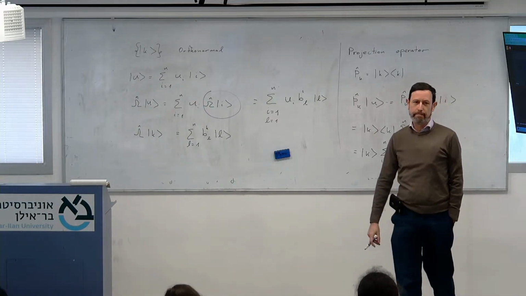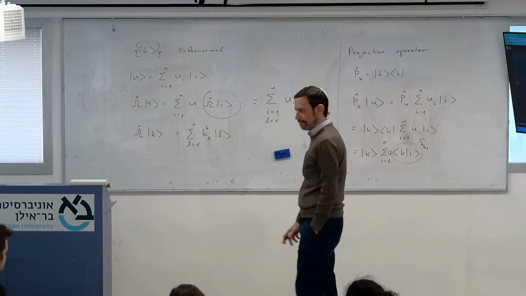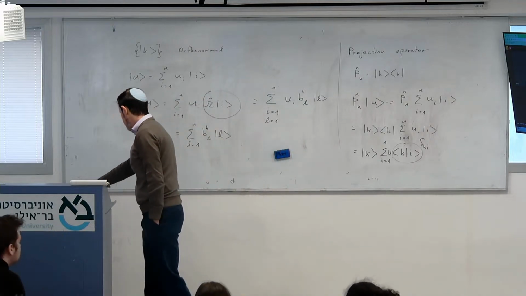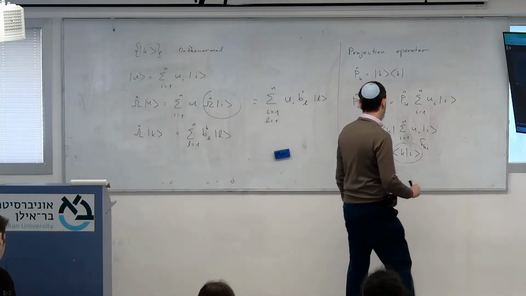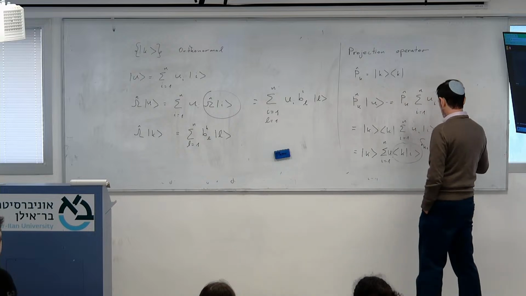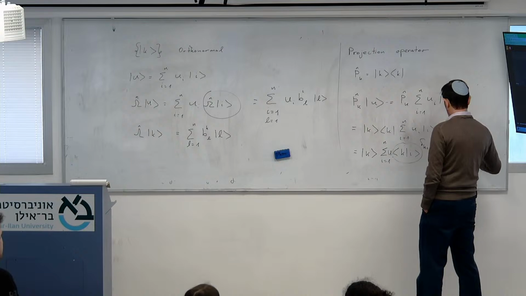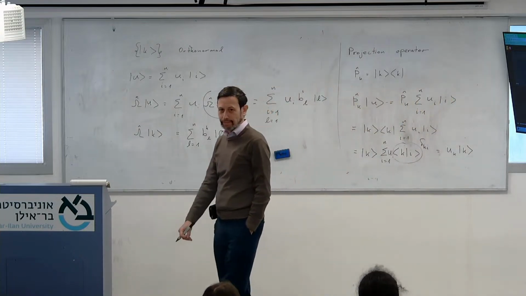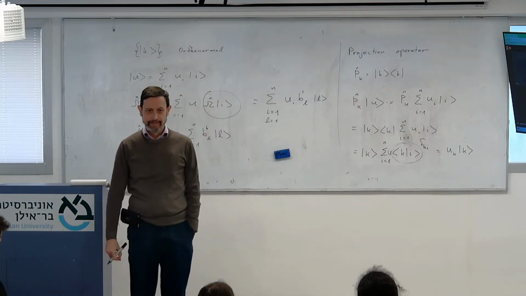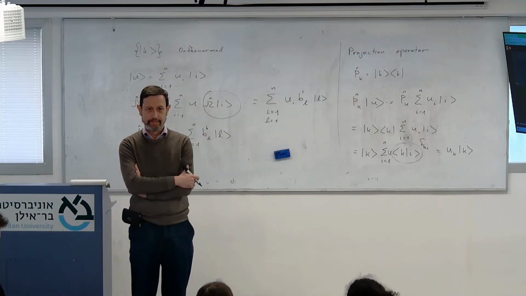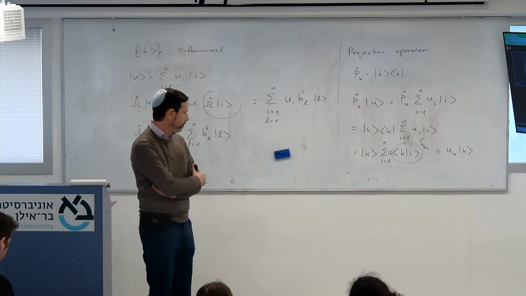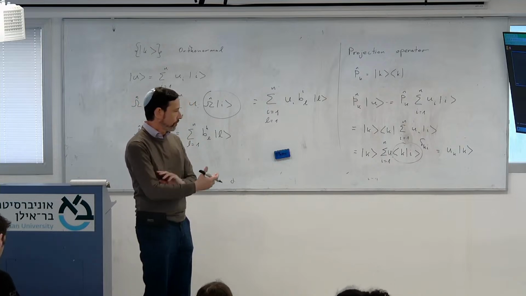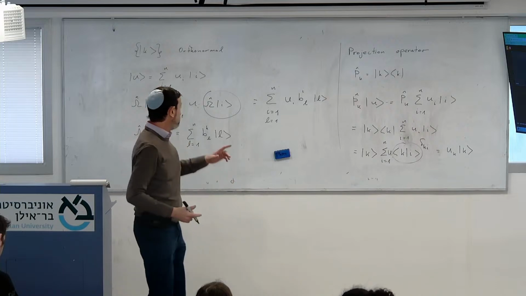Magic delta. Since we defined that K and I are orthonormal to each other, it's an orthonormal basis.